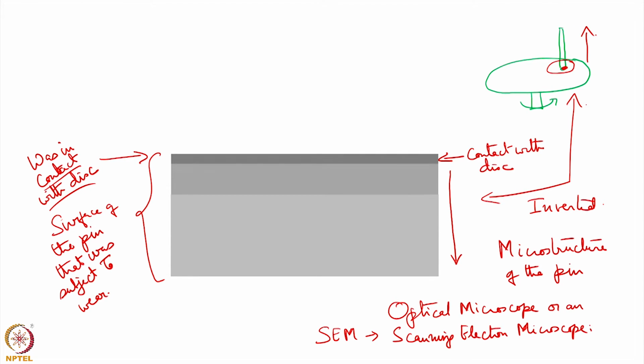Okay. So, when you do this on the wear test, we find that there are three major layers usually seen in a typical wear test.